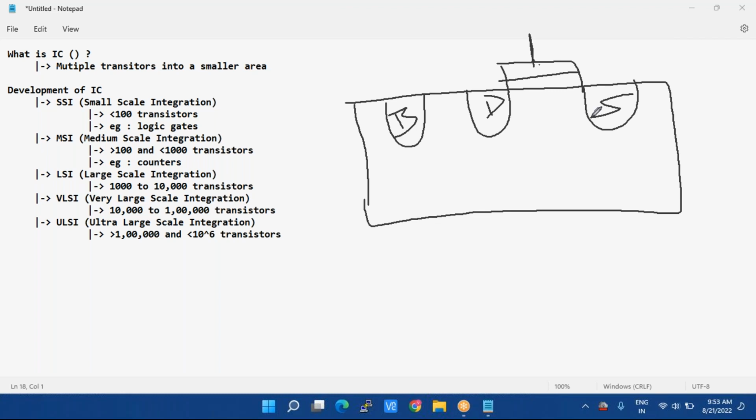Will you draw it in this methodology? Yes or no? Oh, sorry, it's not CMOS actually. NMOS or PMOS, you will be drawing with respect to this kind of similar case.